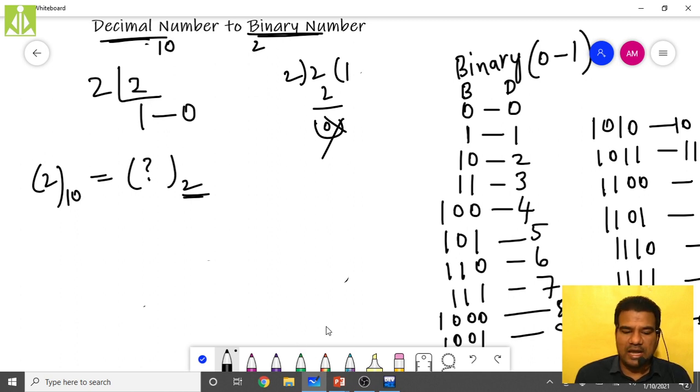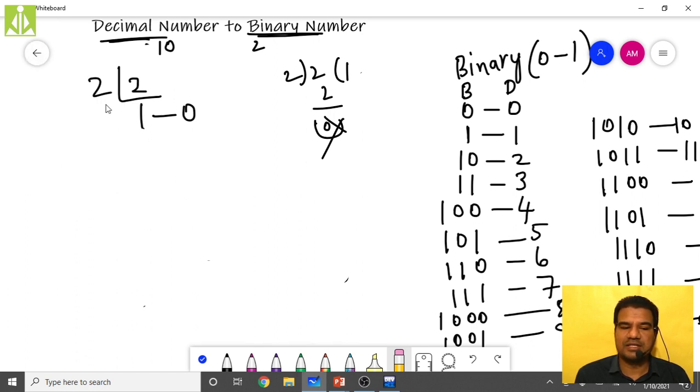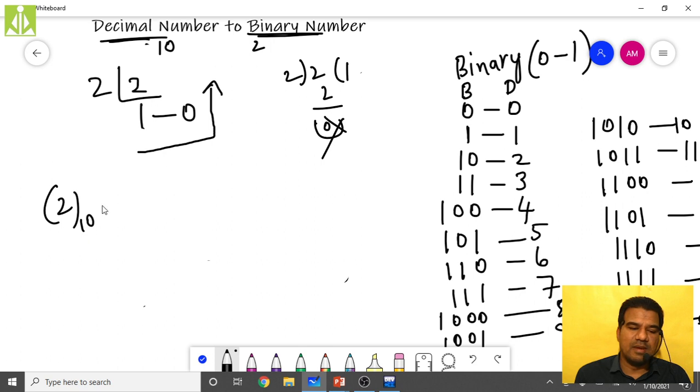So after doing the calculation like this, 2 once 2 we said and 0 we got, what we have to do is go in this direction, from bottom to up, and write all the zeros and ones. So here I got 1 0, as you can see. So 2 in decimal is equivalent to 1 0 in binary. Here also you can check.